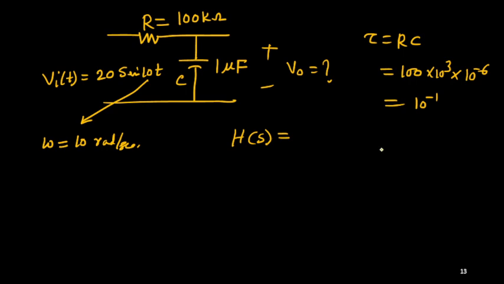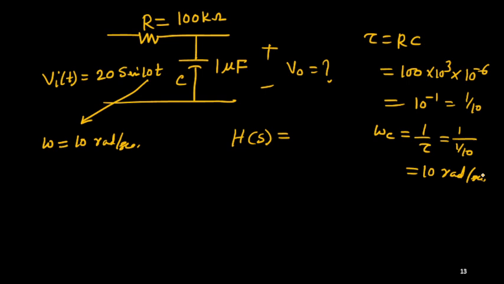Okay, so what is your omega C? Omega C is simply 1 over tau. So this is 1 upon 1 over 10, and that is 10 radian per second. Is it fine?